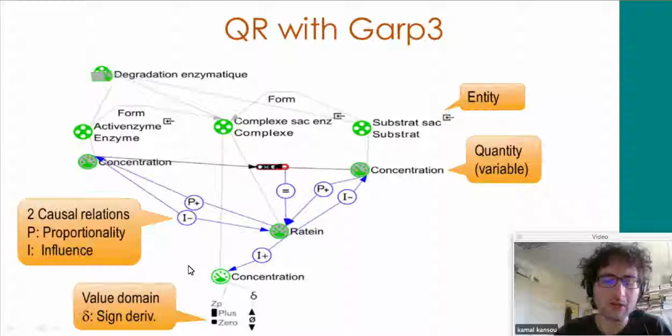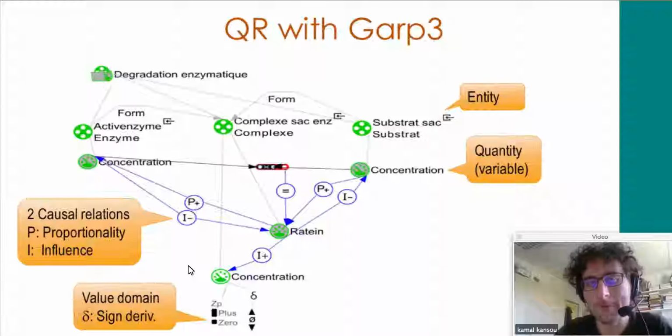The value domain is composed of qualitative values, for example, landmarks like 0 or intervals like plus. Plus here means all the values higher than 0, but it remains qualitative. There is also sign derivative, which represents the direction of change of your quantity over time.